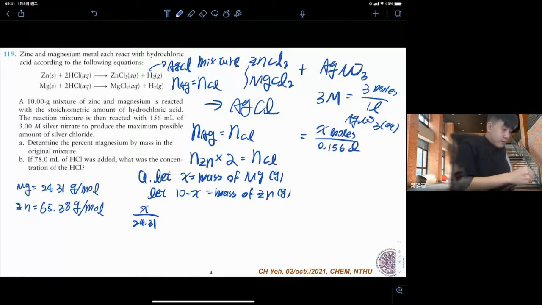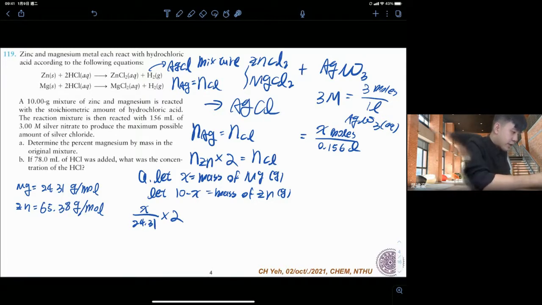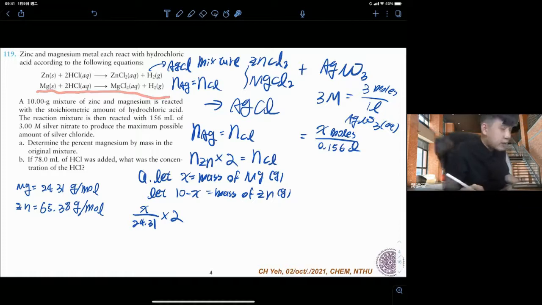Okay, and you times 2, then you can get the moles that is gained from this reaction. You first calculate the moles of magnesium, then times 2, and you get how much magnesium chloride. Then you can get how many moles of silver from this reaction.